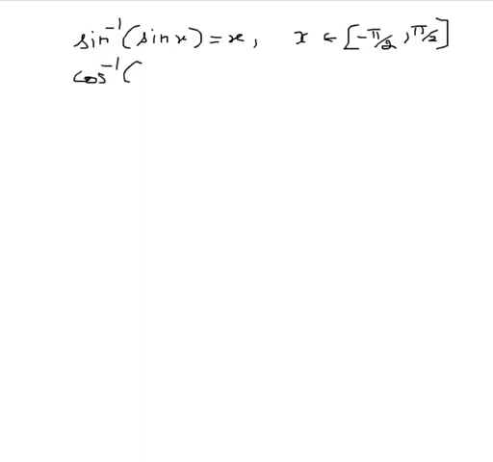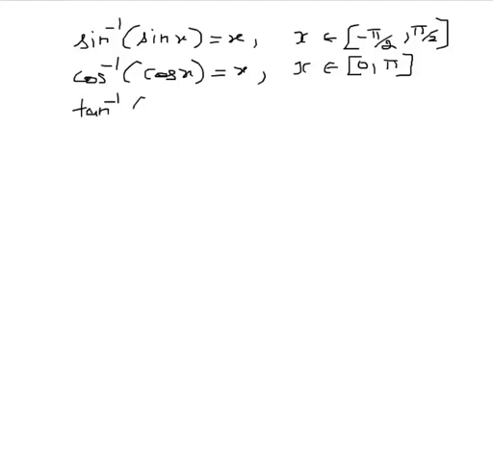Similarly, cos inverse of cos x. In the previous formula, we had the trigonometric function outside and the inverse trigonometric function inside. Here it is the other way around. So this is possible. You can cancel cos inverse and cos only when x belongs to the principal value branch of cos inverse, which is the closed interval 0 to pi.